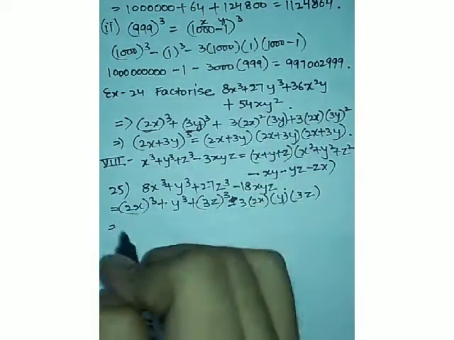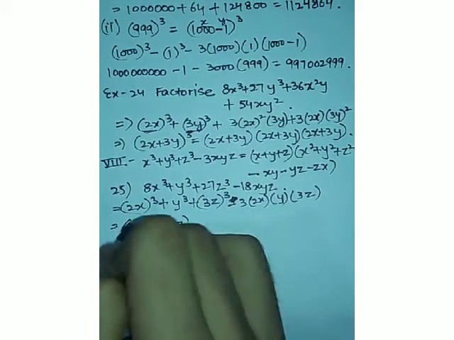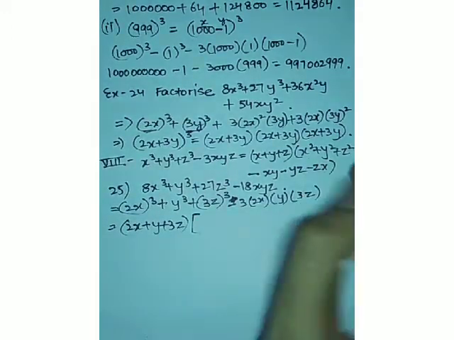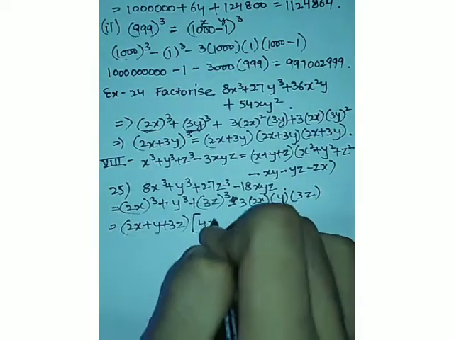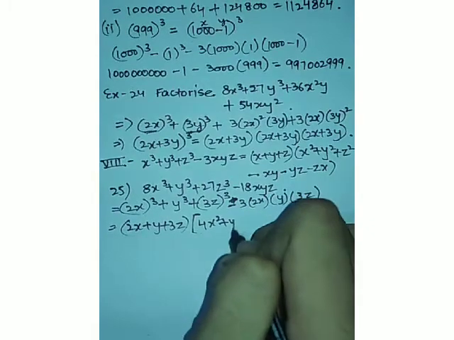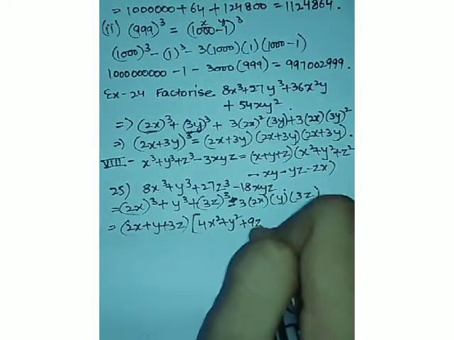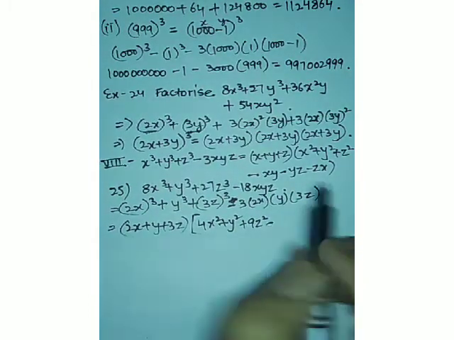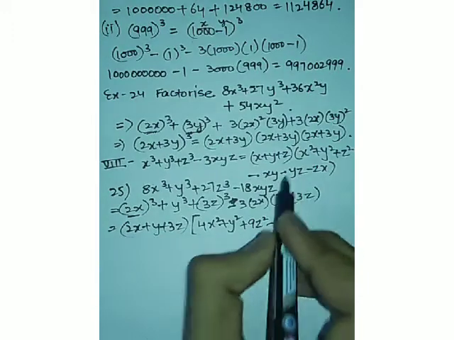What will you get? X plus y plus z, it means 2x plus y plus 3z, right? And the next one will be x square plus y square. What is x square? That is 2x, it means 4x square. Y square means y square. Z square means 3z square, that is 9z square. Minus xy. X is 2x, y is y. Minus 2xy. Minus yz.